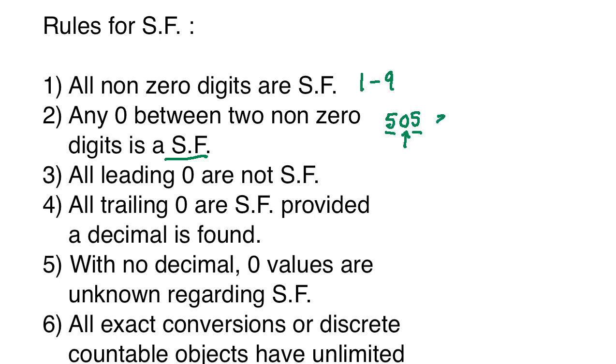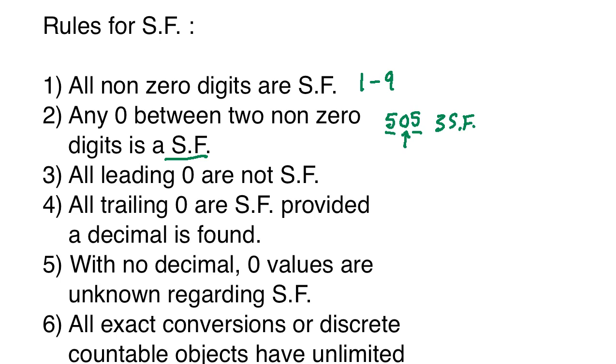And so I would say that there are a total of 3 significant figures when I look at that value. Now again, we haven't gotten to units yet, so it could be 505 grams, it could be 505 liters, whatever it might be. It doesn't matter at this point. All you need to be able to do thus far is determine the number of significant figures that you're looking at.